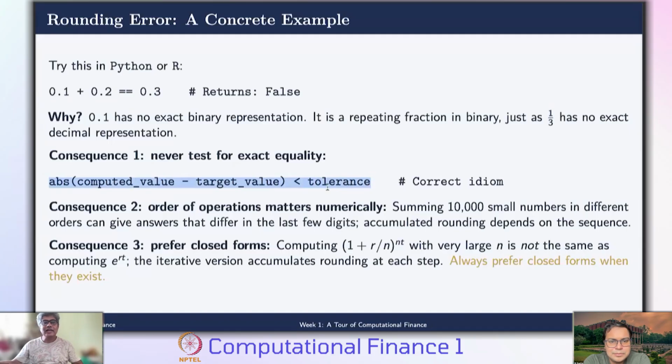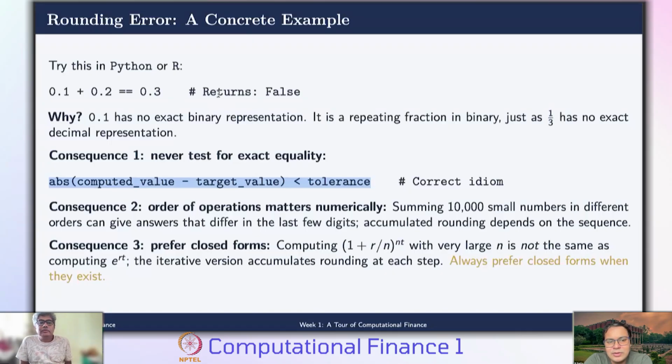If we go for exact equality, it will always be false, and your algorithm will never converge effectively. If it was 1 plus 2, we would not have a problem. But we don't know a priori if it is 1 plus 2. It may be some decimals, and then we may run into this issue.